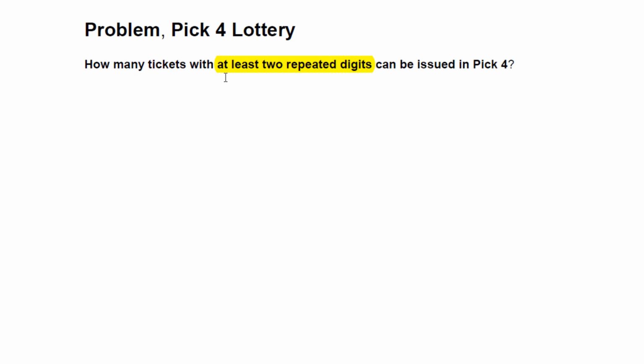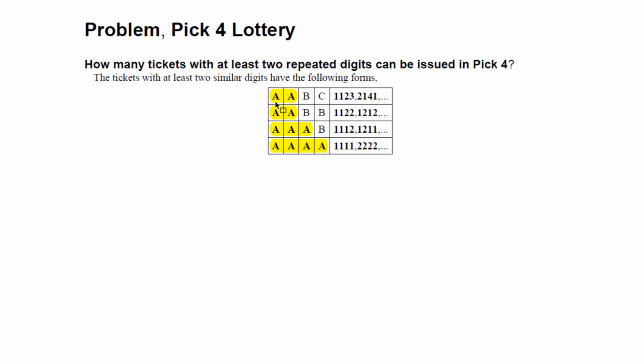So now, how many tickets with at least 2 repeated digits can be issued in Pick 4? What are these tickets? They are the tickets of the form AABC, or the form AABB, or AAAB, or the ticket with 4 A's. All these tickets have at least 2 repeated digits.